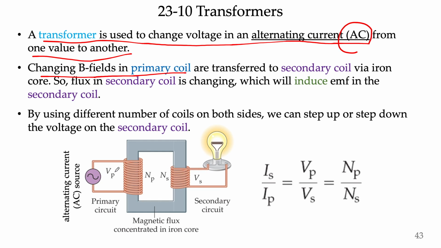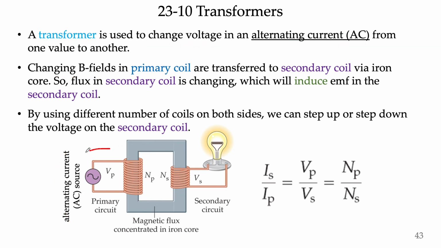So basically what you have is some iron core, and here this is the primary circuit, and this is the secondary circuit.